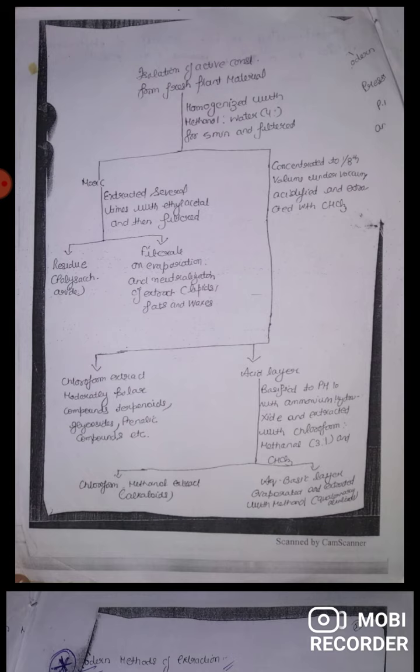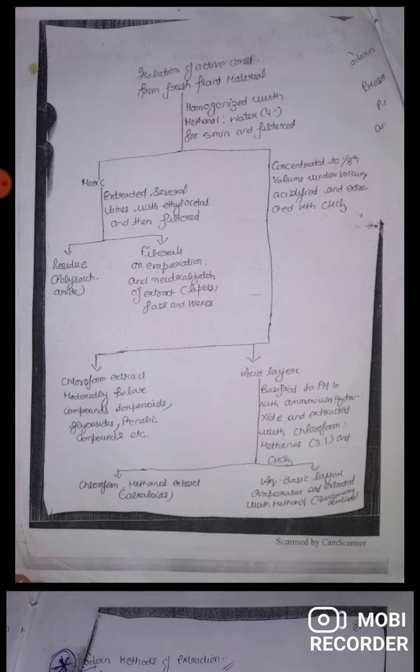The chloroform extract contains moderately polar compounds like terpenoids, glycosides and phenolic compounds, and the acid layer is further basified to maintain pH 10 with ammonium hydroxide solution, and further extracted with chloroform and methanol in the ratio of 3:1.